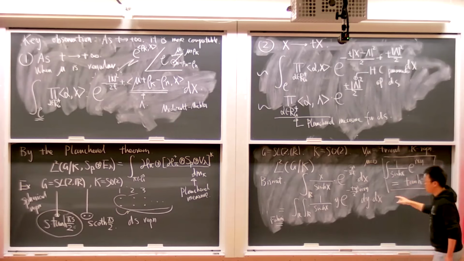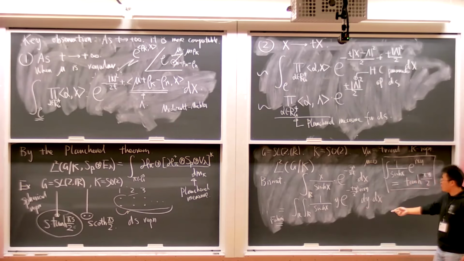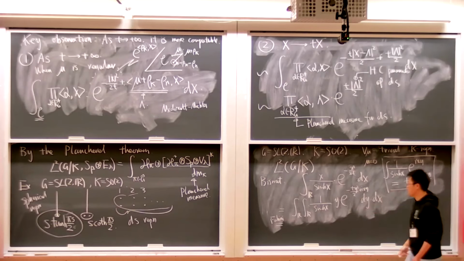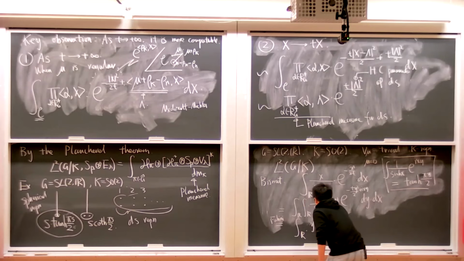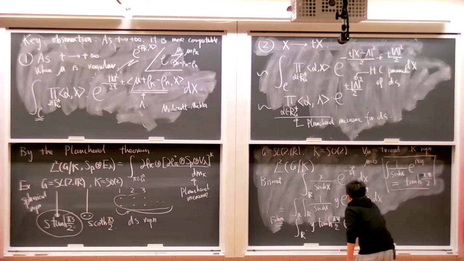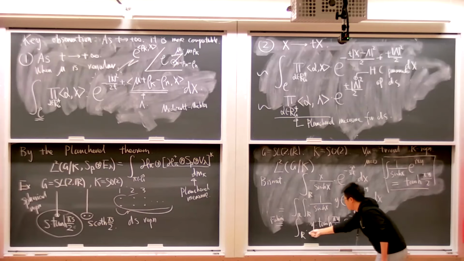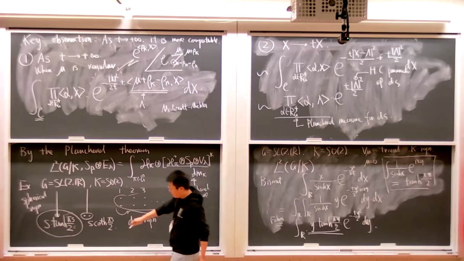So if you apply the Fubini theorem, you integrate over x first, and what you get is the integral over R of y times the hyperbolic tangent of pi y over 2, times e to the minus t y squared over 2, dy. So this one is the Plancherel measure of a spherical representation.